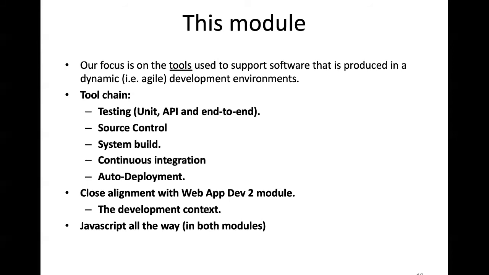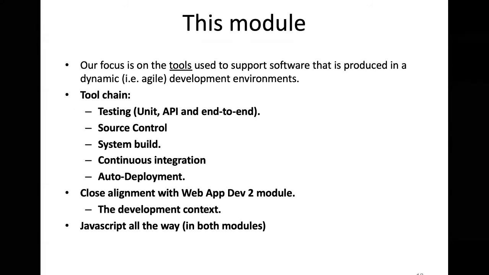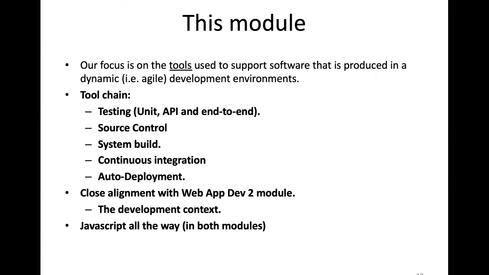So the very first one there is testing. Testing is absolutely critical. Testing is always important, whether you're using Waterfall or Agile. But it's even more important, arguably, if you're using an Agile approach, because as I mentioned earlier, your code base is changing constantly. And you need to make sure that any code that is already working is still working after you've added some additional code to your code base, or potentially changed code that is already working.